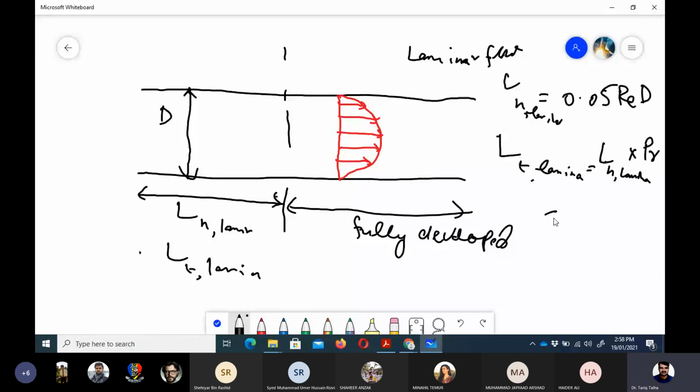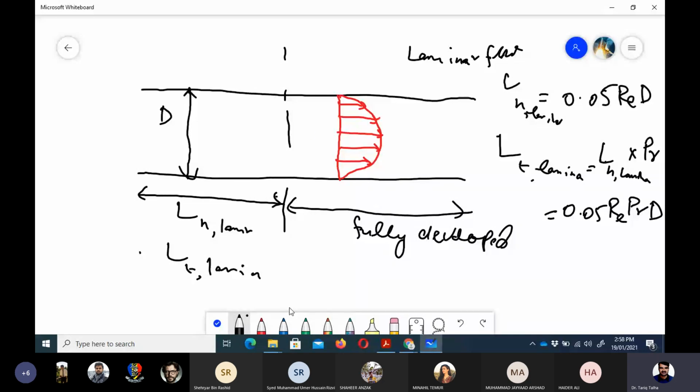So we can write it like this: 0.05 times Reynolds number times Prandtl number times diameter. So for laminar flow, we can calculate the thermal entrance region by this formula. Now coming to turbulent flow, what if the flow in the pipe is turbulent?